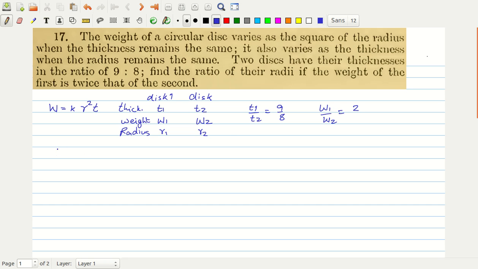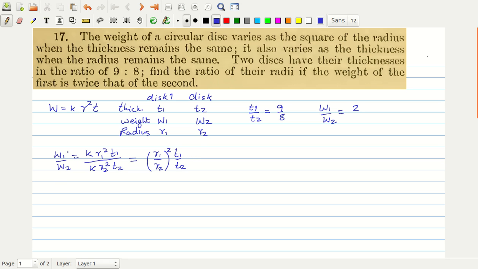With this knowledge, we can find W1 by W2 is equal to k times R1 square by T1 divided by k times R2 square by T2. So, this will actually give you R1 by R2 square times T1 by T2.